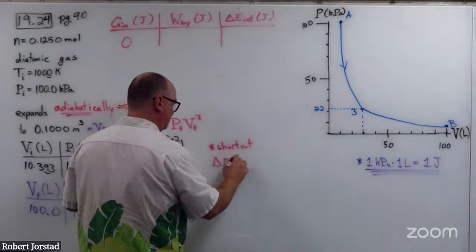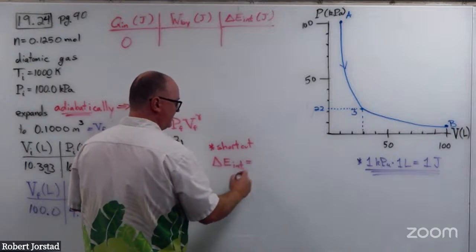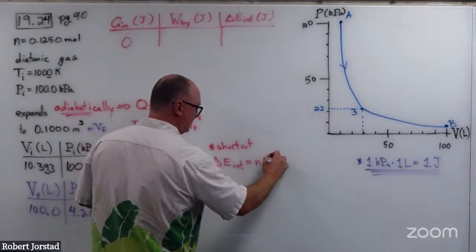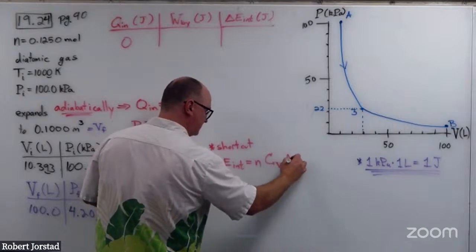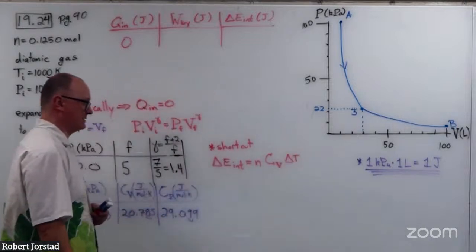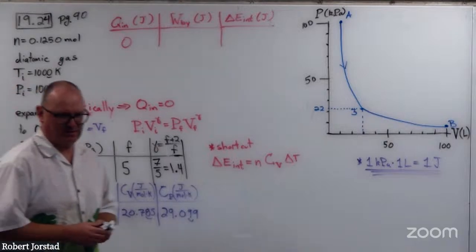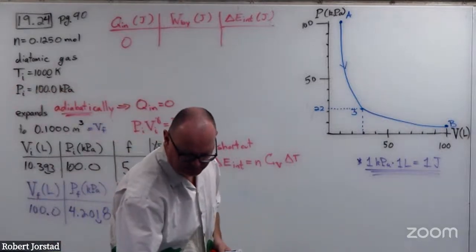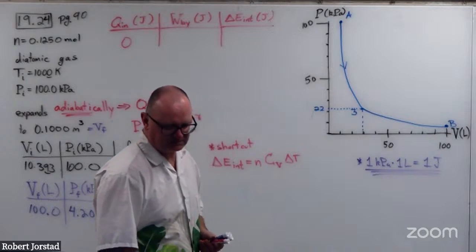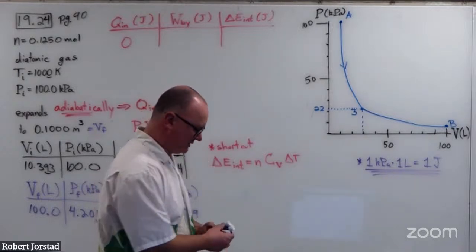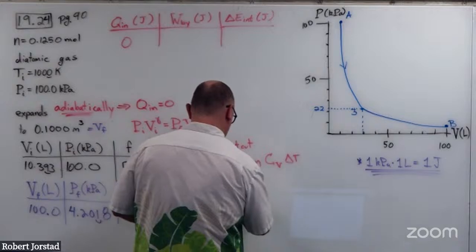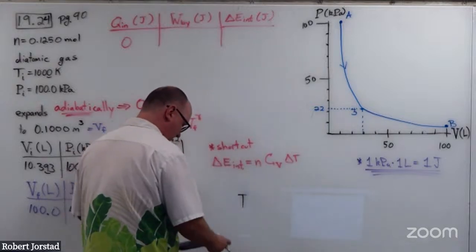Delta E internal is equal to n Cv delta T for all processes. All right. I know n, I know Cv. Oh shoot, I didn't write those temperatures down. Crap. What were they? Let me just look them up really quick. Okay, so I think I had T, oh, I might have it in my calculator, right?